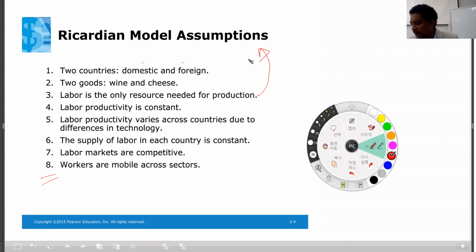And the eighth assumption is workers are mobile across sectors. So keep these 8 assumptions in mind, and when we do examples or explanations, our assumptions are based on these 8 listed assumptions, okay?